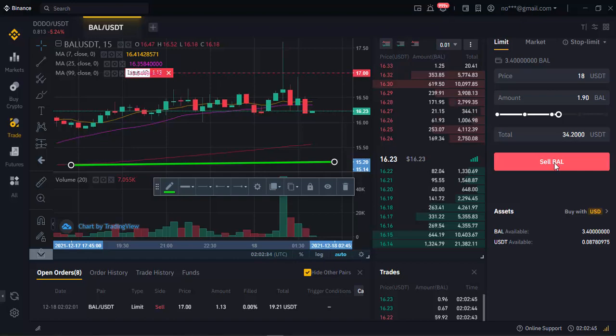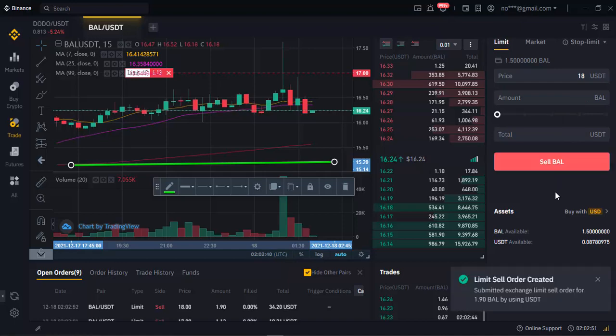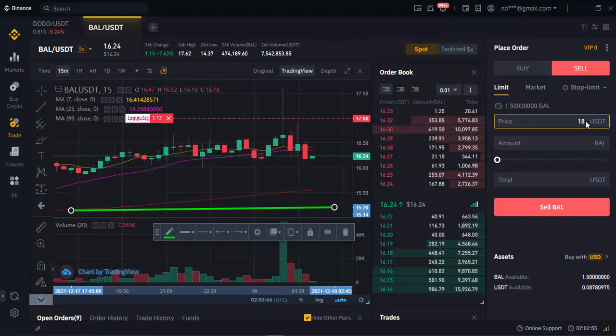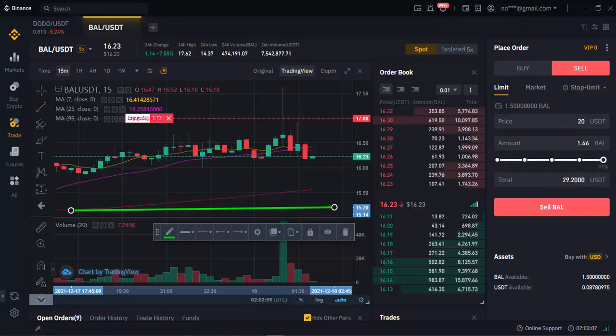So this is done when you don't want to sell it at once. If you want to take profit little by little, you can set different prices to sell them. Then you can also say when it gets to 20 USDT, you sell off whatever is remaining. Okay, so you click on sell.